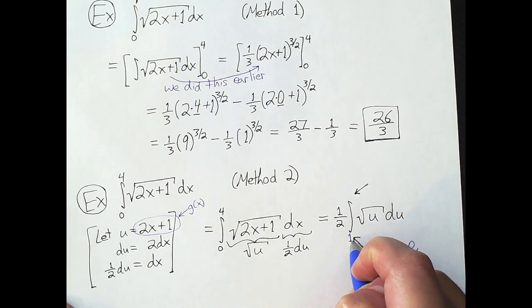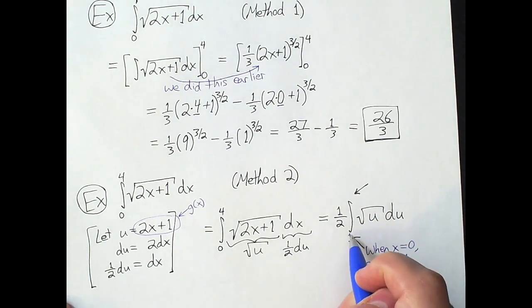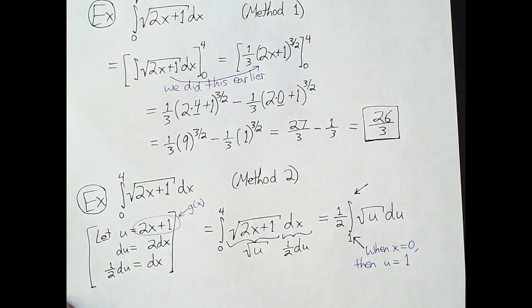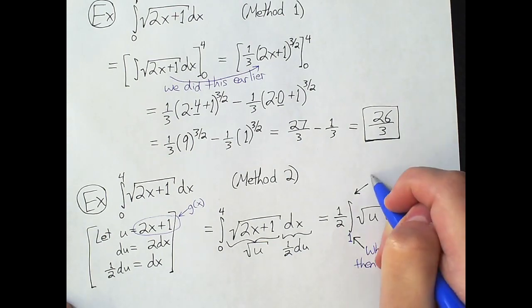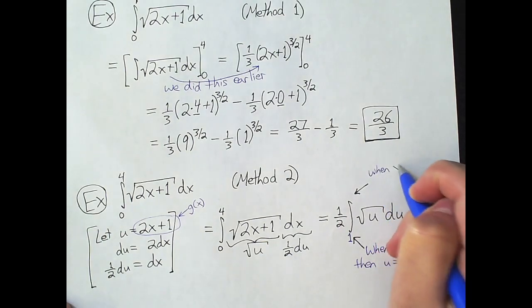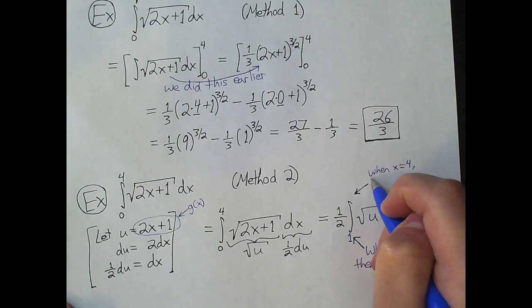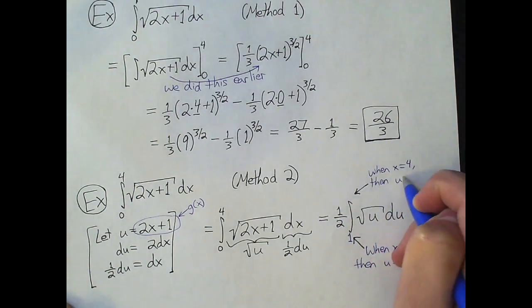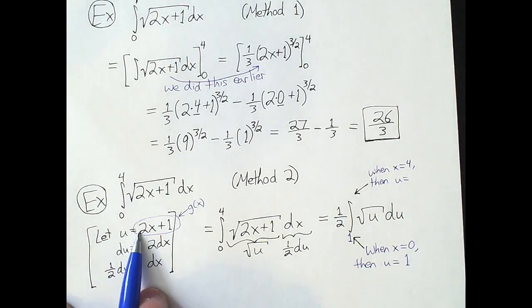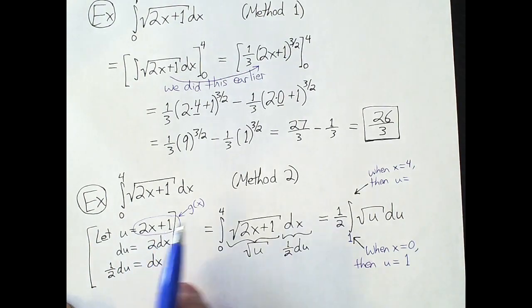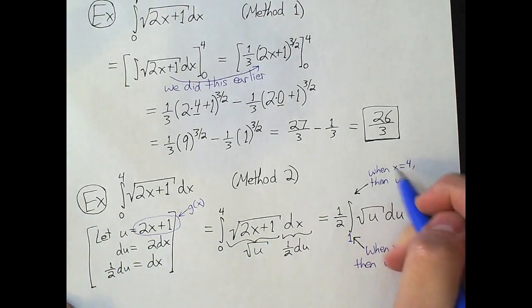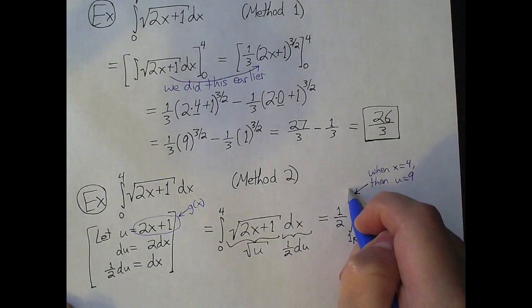So we put a 1 here. Up here, when x is 4, then u is 2 times 4 plus 1, is 2 times 4 is 8, plus 1 is 9. So this is going to become a 9.